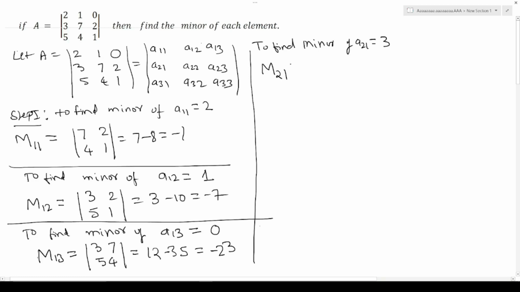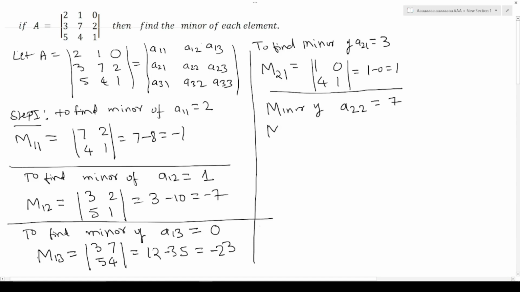Determinant of [[1,0],[4,1]] equals 1 minus 0 equals 1. After that, the minor of A22, that is 7.